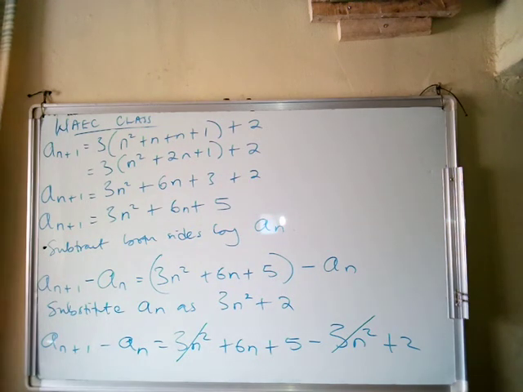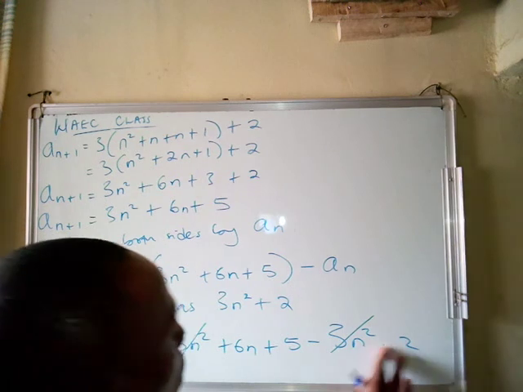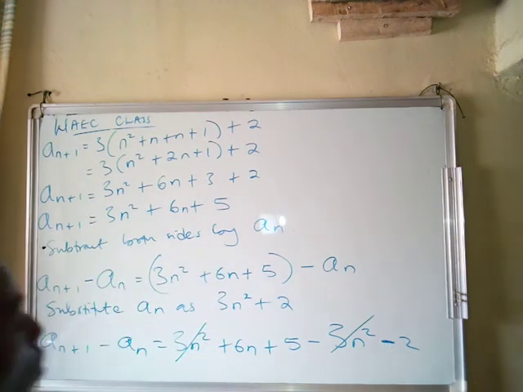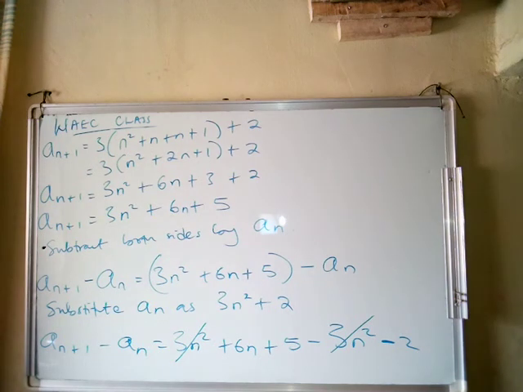Right? Please, what you have there is 3n squared plus 2? Okay, yes. So this is minus here. During your substitution, it's actually a minus sign.